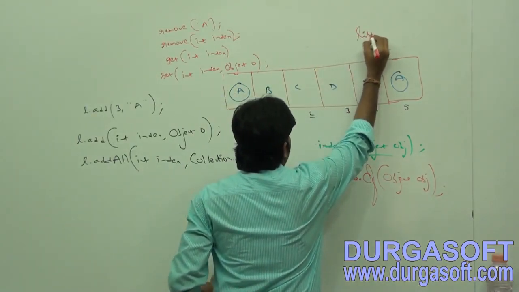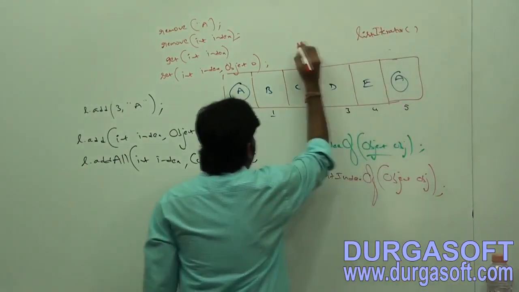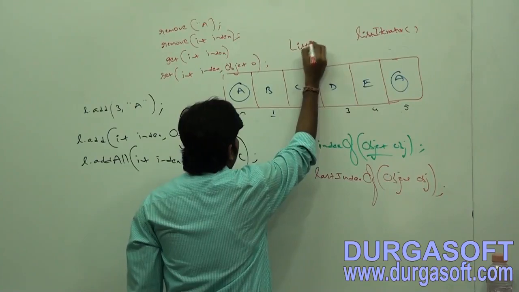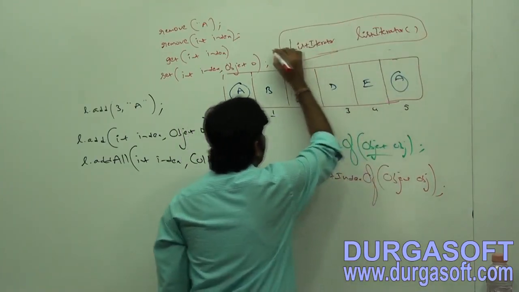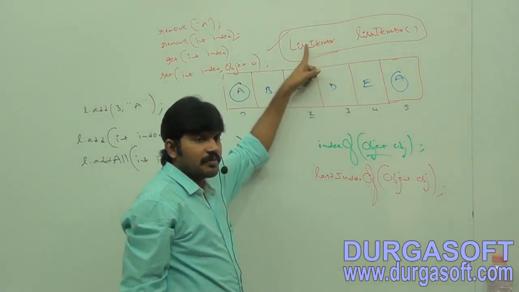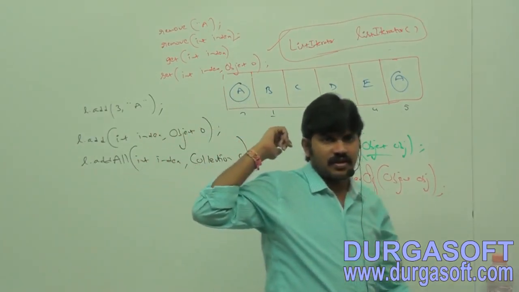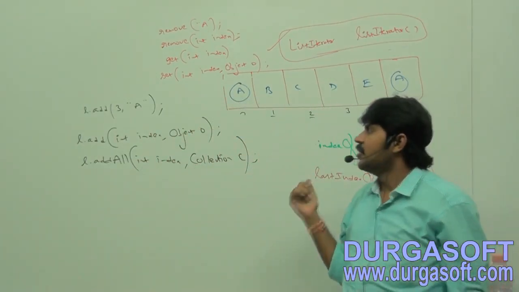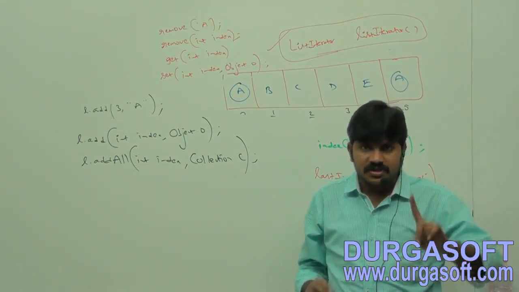The listIterator method. The return type is nothing but ListIterator. Any explanation required after this terminology, right? That's all. Make sure these are various methods related to the List interface.